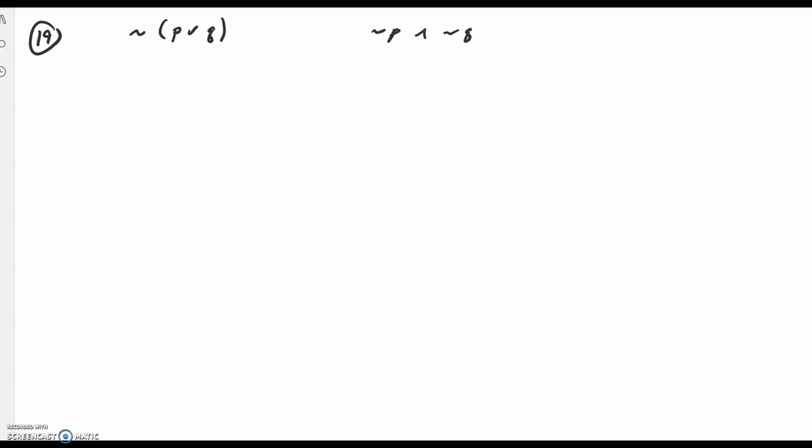De Morgan's laws, if you look at them, seem to say this. Remember the distributive property from algebra: 3 times x plus 3 times 2.